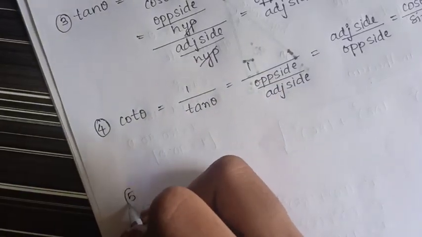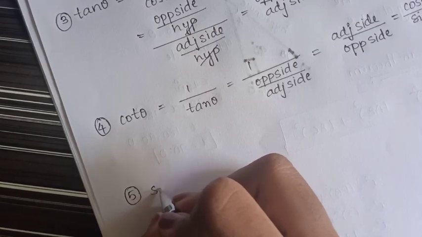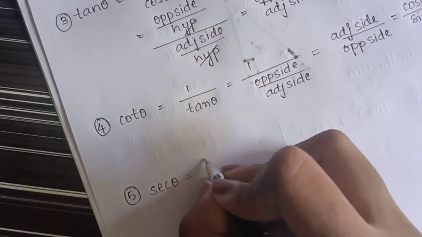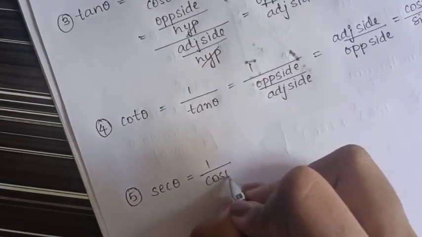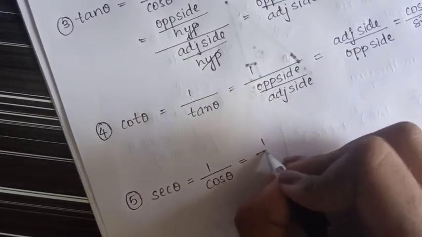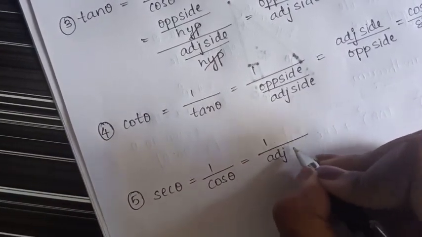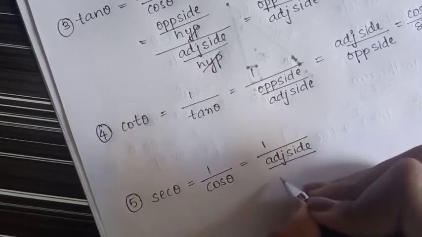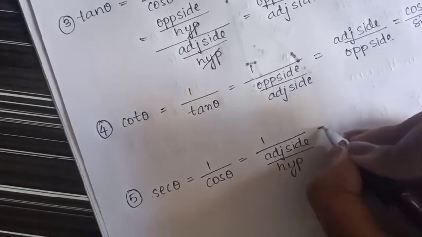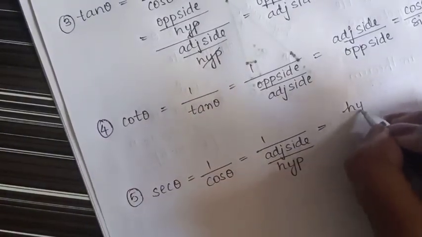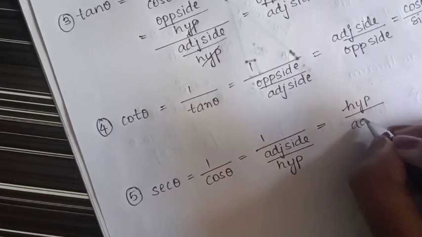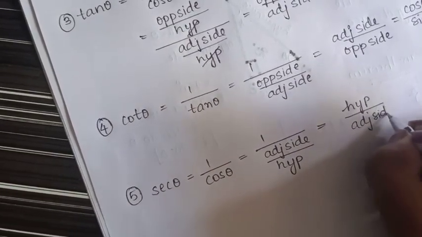Now the fifth trigonometric ratio is sec theta, or secant theta, which is the inverse of cos theta. What is cos theta? It is adjacent side by hypotenuse, so if you invert it, it becomes hypotenuse by adjacent side.